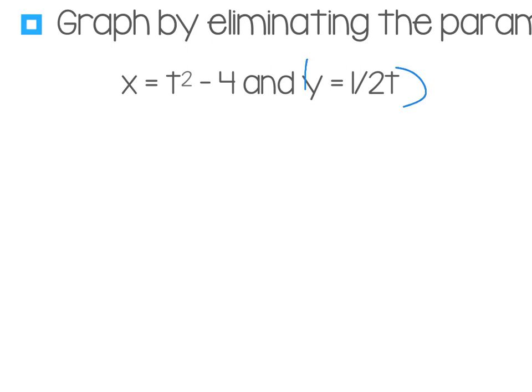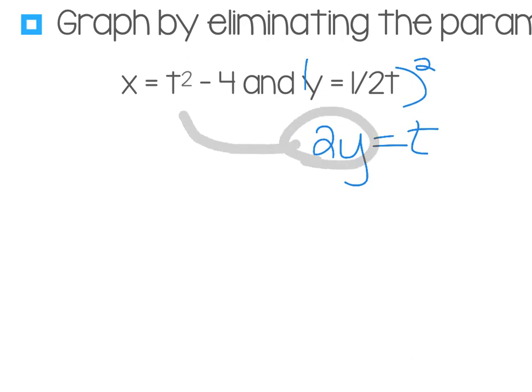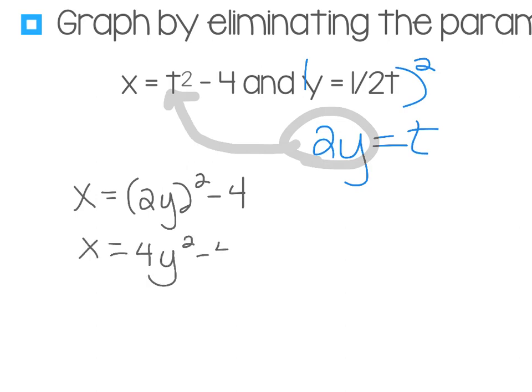So I would just multiply both sides by 2. And I would get 2y equals t. And then I want to take that and I want to plug it in to the t in the second equation. So I would get x equals (2y) squared minus 4, which is 4y squared minus 4.